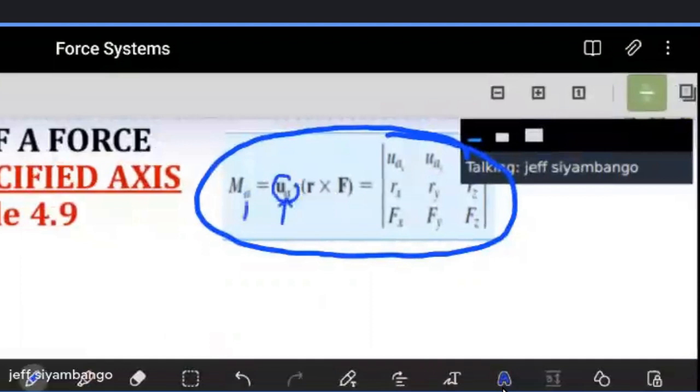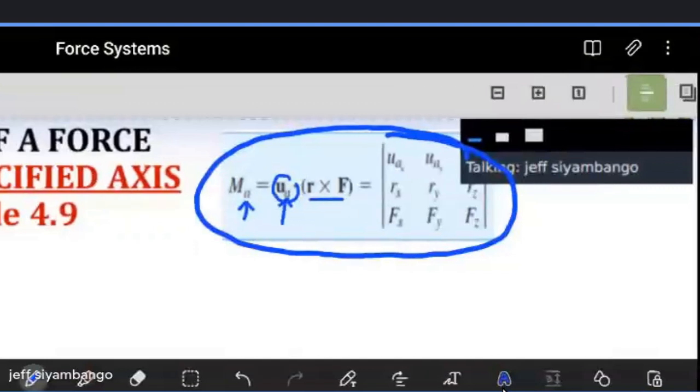This is the key part. It's the only thing that adds something new to what we discussed earlier. The unit vector here must point in the same direction as the axis. Everything else that follows is literally what we have been doing.